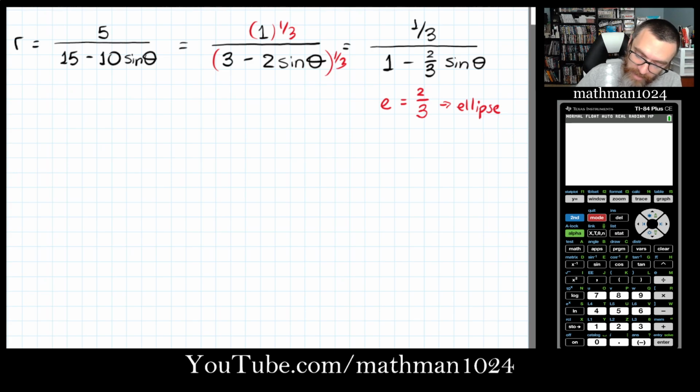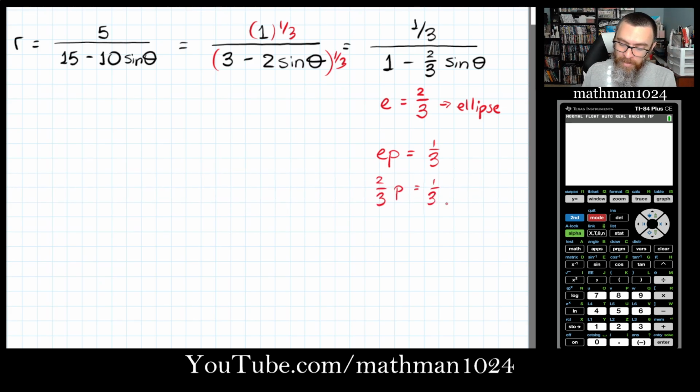So that means that e times p is 1/3 and e is 2/3. To get p by itself, I have to multiply by the reciprocal, which is 3/2. That reduces, oh, that's actually not too bad. That means the p-value is 1/2.